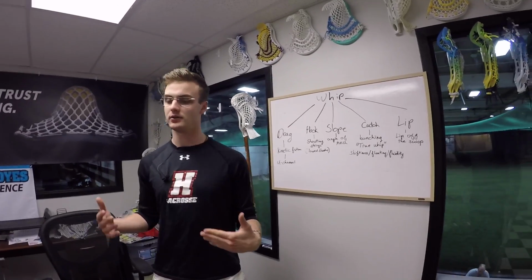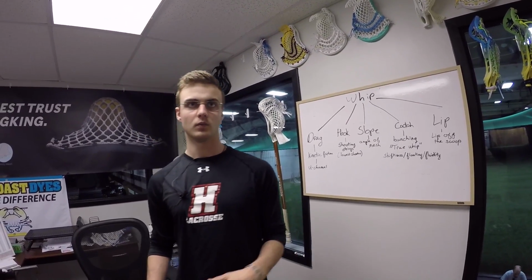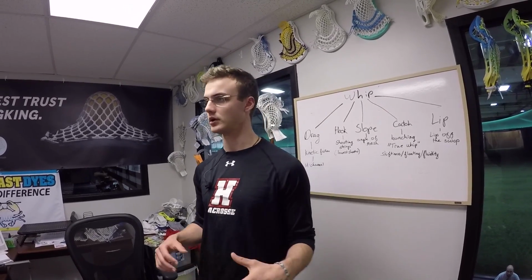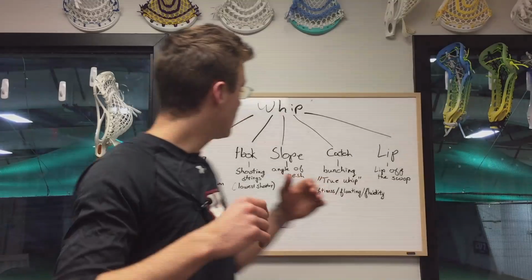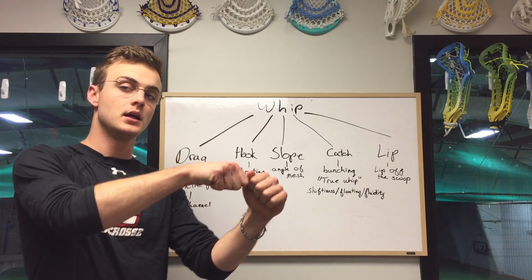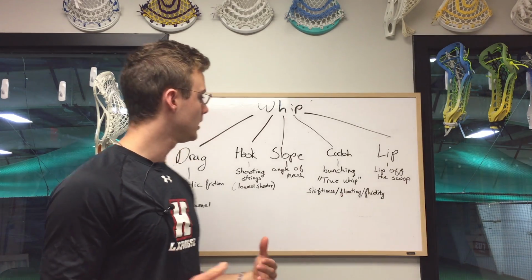So when Sam says that whip is not caused by the shooting strings, that is because we don't really have one that has the crazy hook here. But a hook in a stick can be caused by pulling the lowest shooting string more tightly.